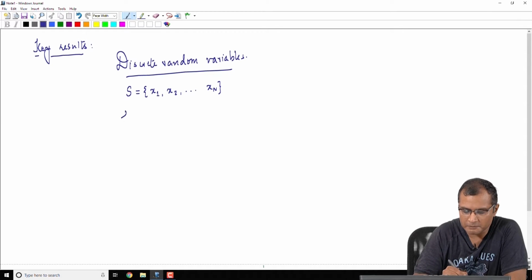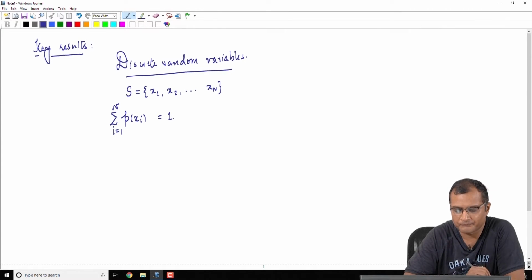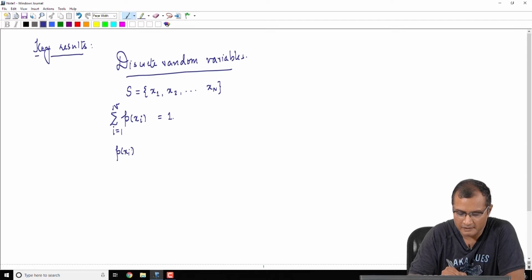And the probability of each outcome, if it is summed over all possible outcomes, is normalized to unity, okay. So, this is the normalization condition, and these p of xi are basically probabilities.